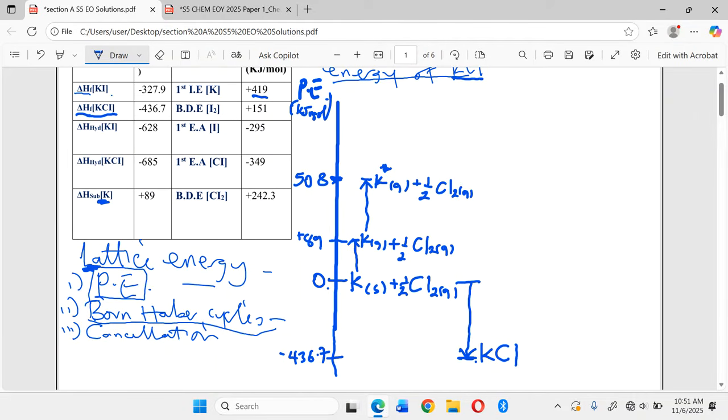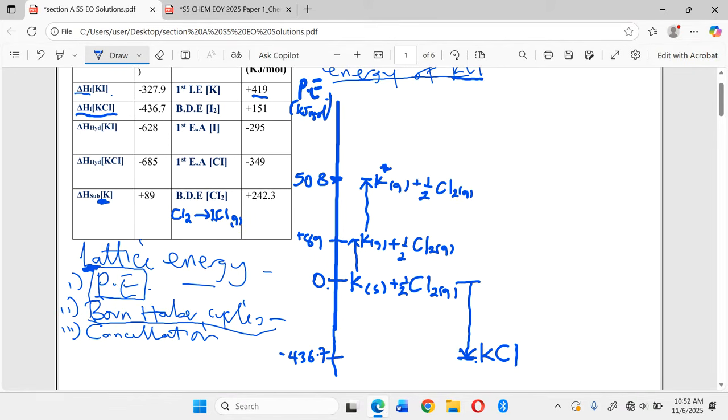Now for chlorine, they have told us about the bond dissociation energy of chlorine. Bond dissociation energy is the amount of energy required to break 1 mole of this substance into its gaseous atoms.